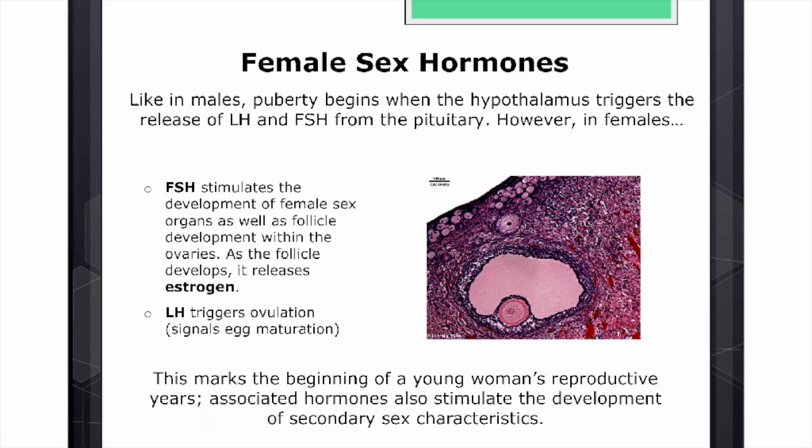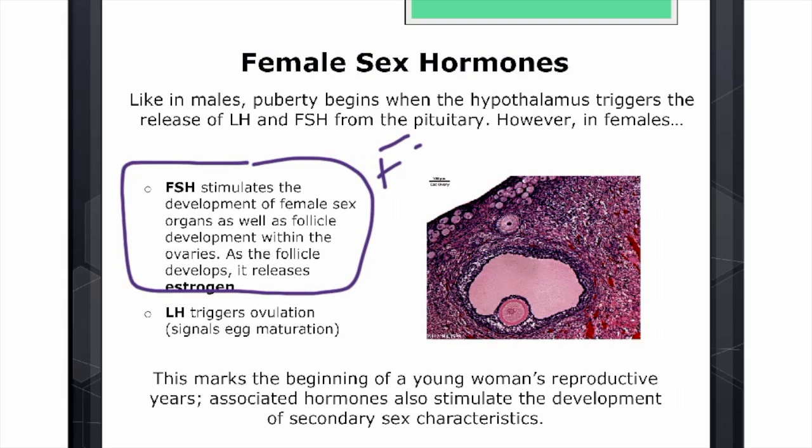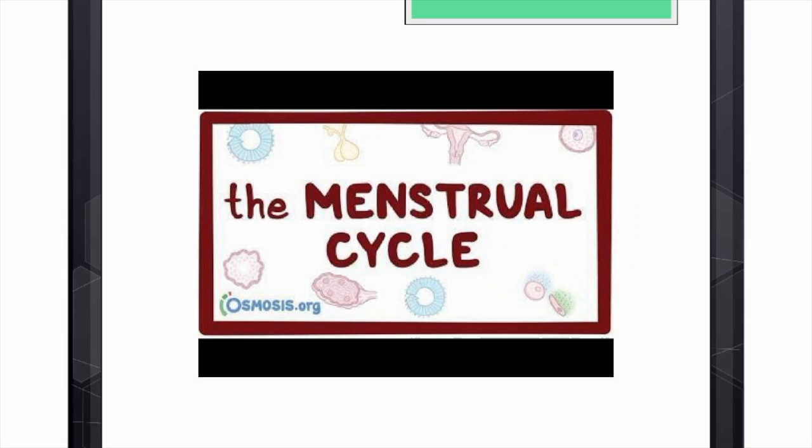The follicle will then in turn produce estrogen. This is important for us to make the connection between FSH and estrogen. LH will trigger the ovulation. Once again, if you need more information about your hormones, the other tutorial does review the hormones in quite a bit of detail.